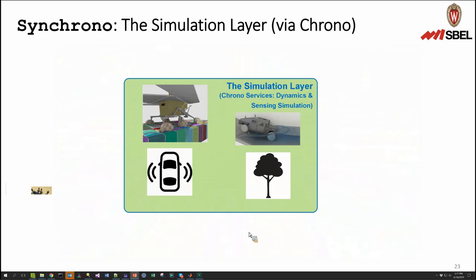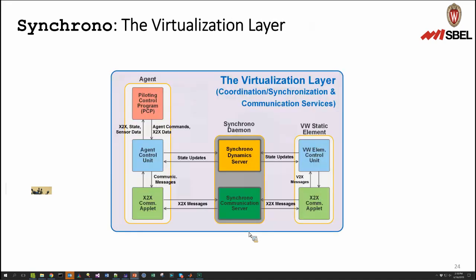A couple of things about how this Synchrono infrastructure is meant to work. We have this simulation layer, which for all purposes is like Chrono. We can simulate a rover, a vehicle, sensing, and virtual environments. That is the simulation component, and on top of that we have a virtualization layer.